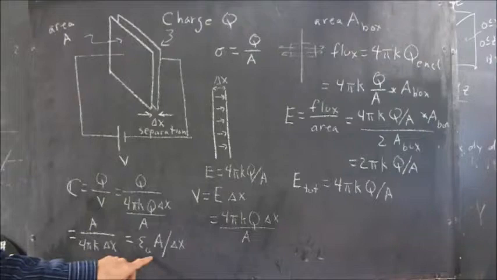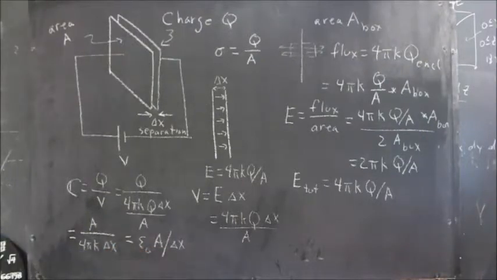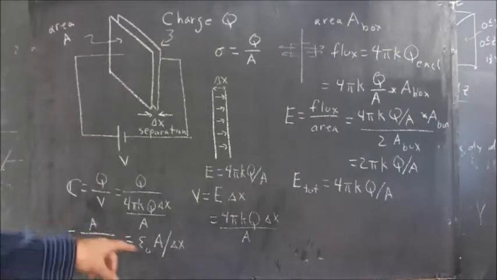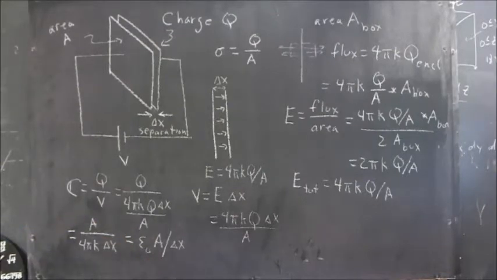So this epsilon naught thing gives you a kind of an elegant expression here. The advantage of K is it's an easy number to remember, and K is also nicer for a lot of calculations. But for capacitor, turns out epsilon naught is very handy, and we'll see fairly soon how much handier it can actually be.